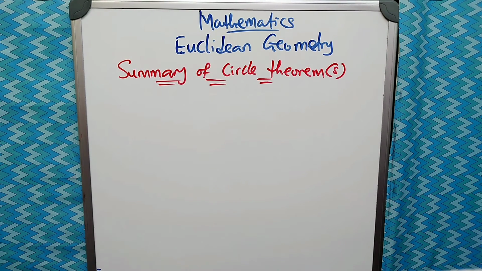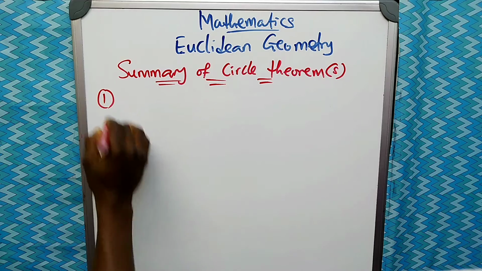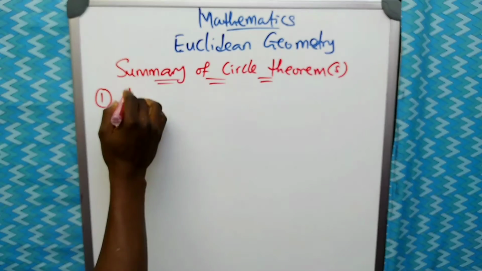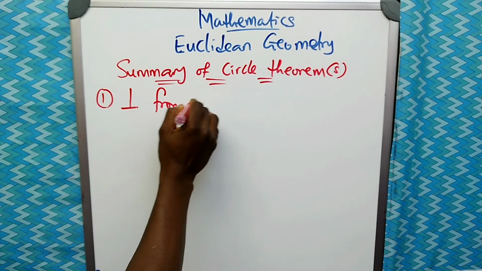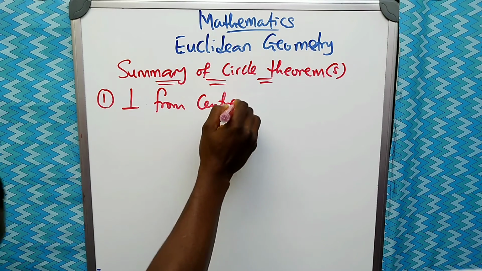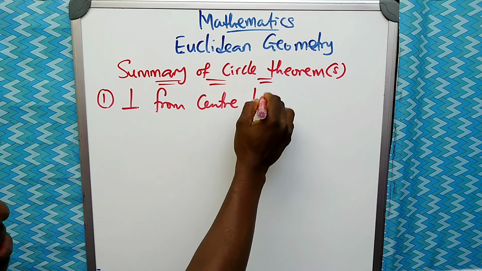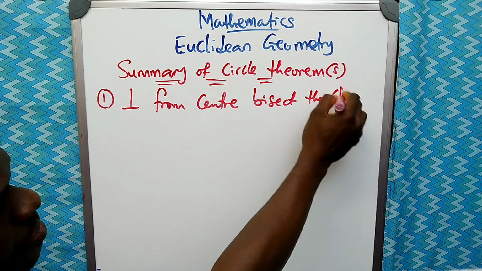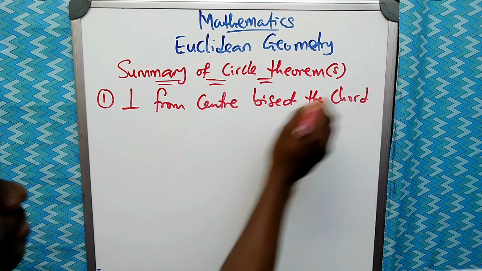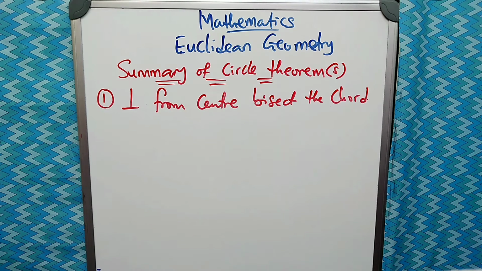The first theorem tells us that a perpendicular from the center bisects the chord. A perpendicular line from the circle center bisects a chord.